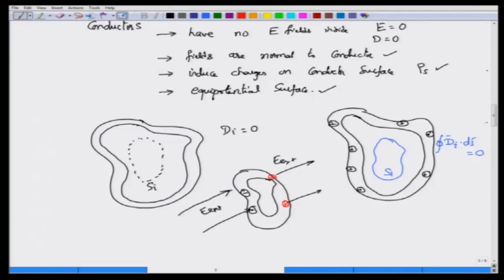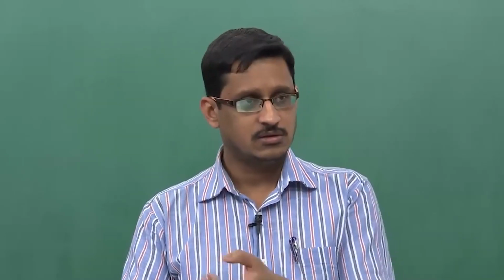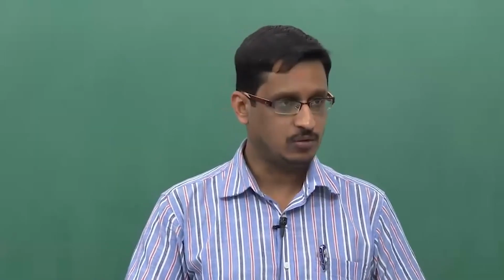Now, you might ask, all that we said from Gauss's law was that if you apply Gauss's law to the case where this was exposed to an external field or some charges were induced, you can say DI is equal to 0. But I know that a closed surface integration of a flux density can still give you 0 if an equal amount of D lines are coming in and coming out, right.